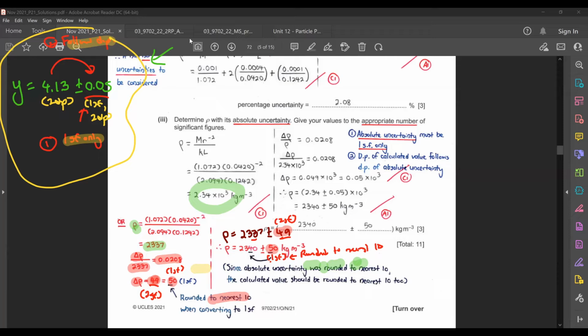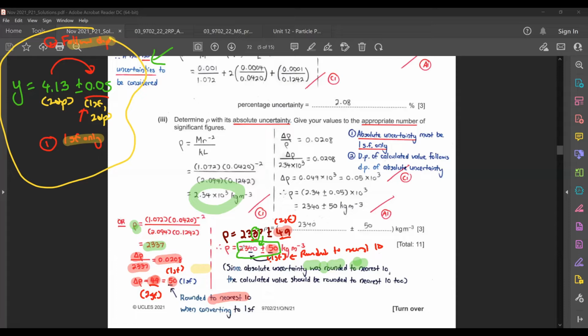In my case, 2337, if I round it to the nearest 10, becomes 2340. So this will be the correct value: 2340 plus minus 50.